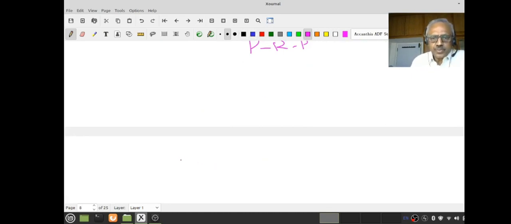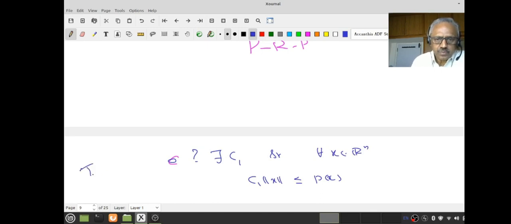Now what is it that I have to prove? I have to prove there is a C1. To prove the other way around, I want to know whether there is a C1 so that C1 times norm x is less than or equal to P of x for all x in Rn.